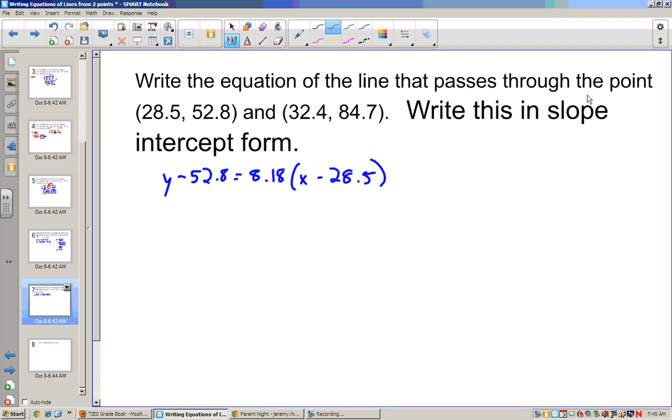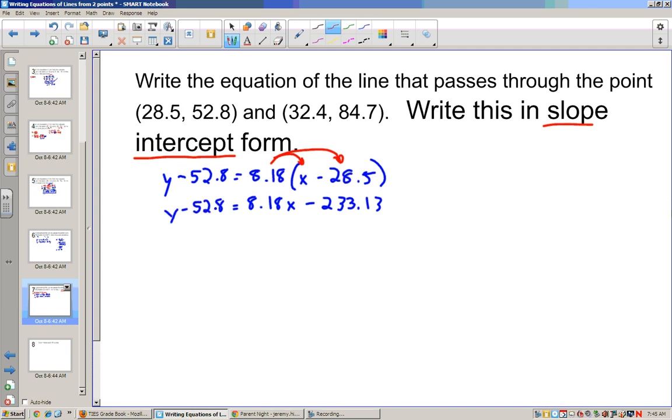All right, to put it in slope intercept, we just multiply this over the parentheses. So I have 8.18x minus 233.13. Just multiply those.